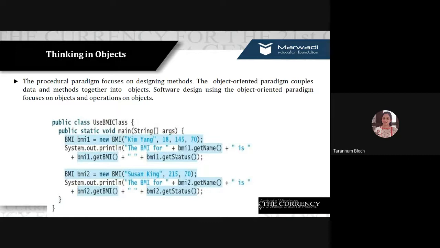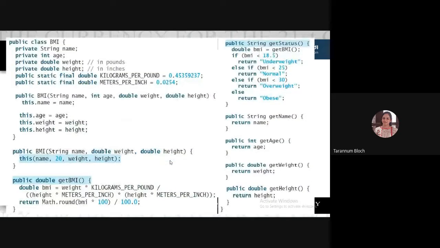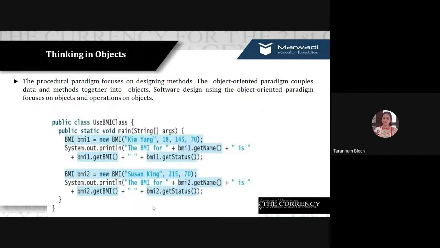We have done concatenation: object name dot method, BMI1.getName plus is, again concatenating BMI1.getBMI plus a space, and BMI1.getStatus. So the entire message will be displayed like the BMI for Kim Yang is, whatever the calculated BMI, and we'll say overweight, normal, underweight or obese based on the value. We'll have the status here.